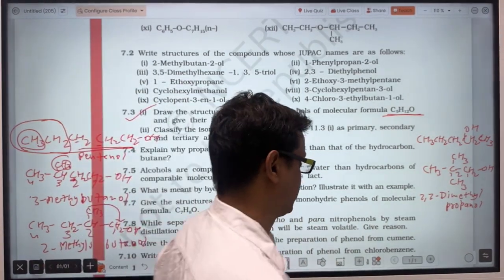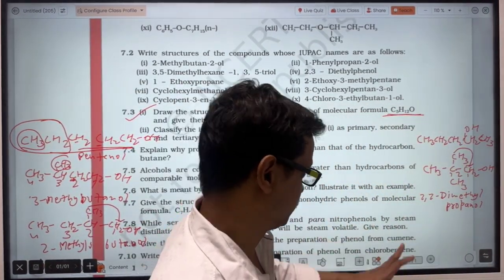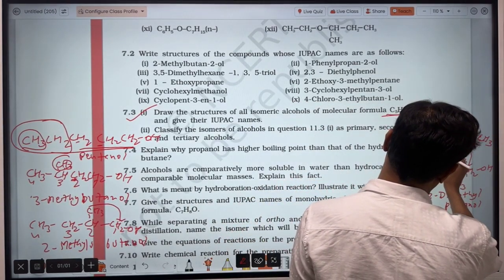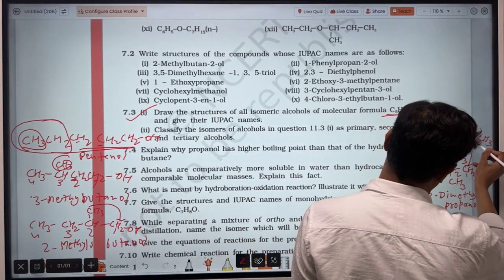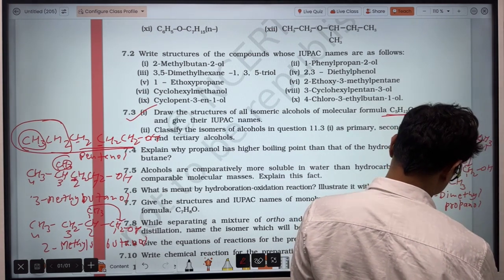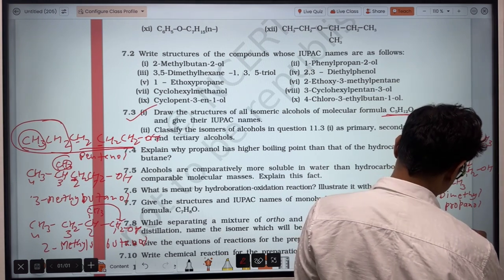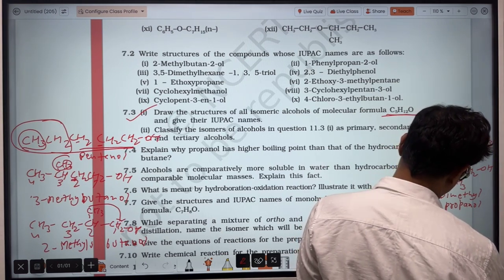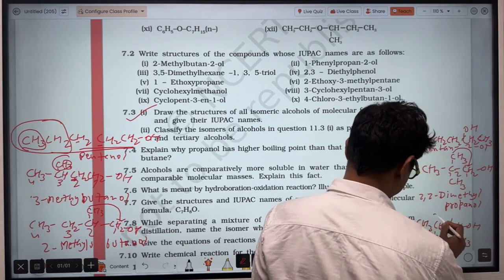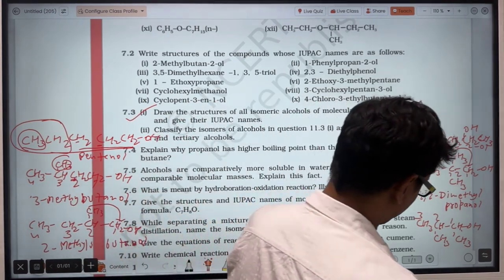Now one more, when you shift to this one, then what after? Let's see. Its compound name is, when you shift this methyl here, the compound will be, that means 1,2-dimethyl propanol.